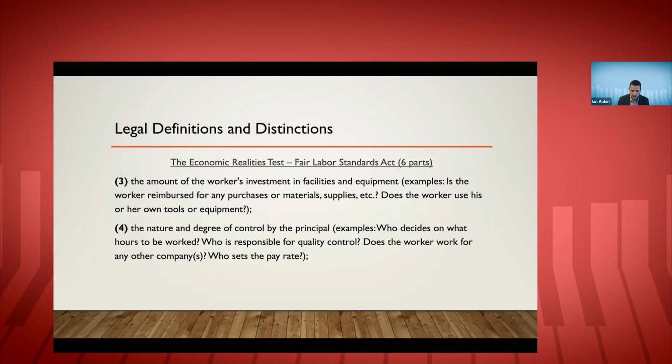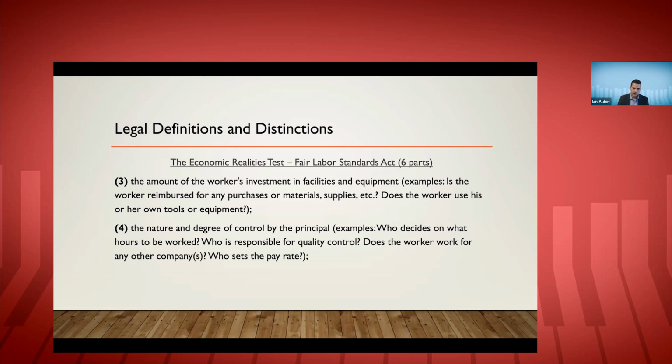Number three, the amount of the worker's investment in facilities and equipment. Are you covering the independent contractor's equipment costs, materials, supplies, materials and supplies for construction for a job site? That's somewhat normal, but equipment is not. So if you're buying equipment for the independent contractor to use in the provision of services, that suggests employment.